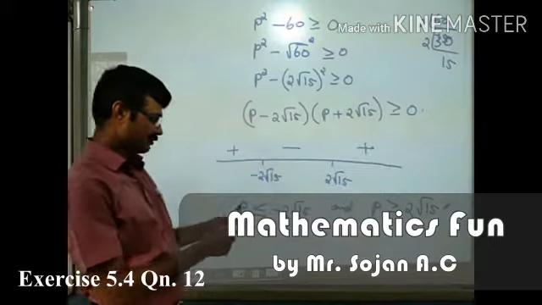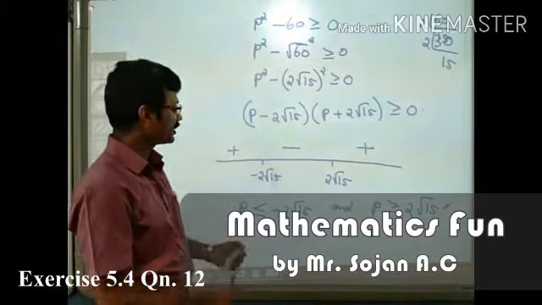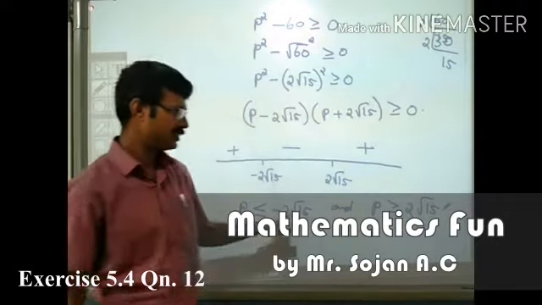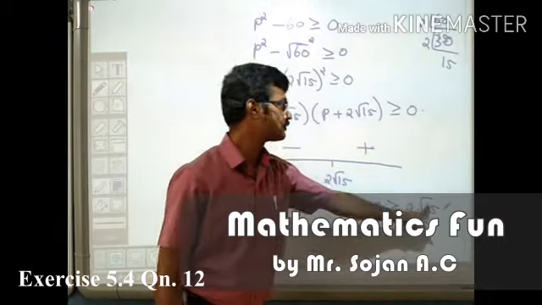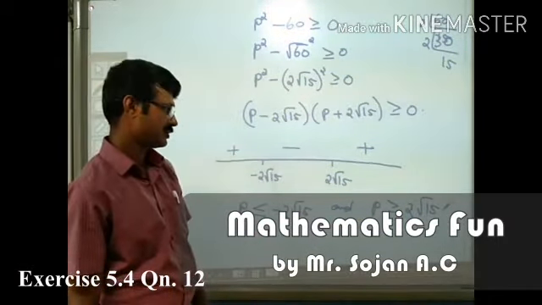So these are the values of p. Here they are asking to find the values of p for which the equation has real roots. So when p is less than or equal to minus 2 root 15 and p is greater than or equal to 2 root 15, we will always get that the equation has real roots.